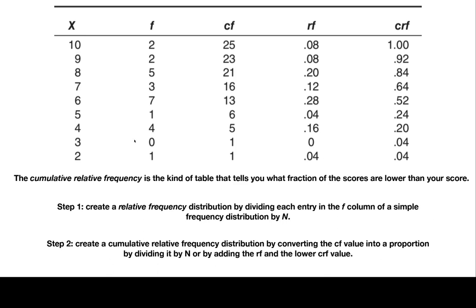Let's go now to the second value. With the raw score 3, we have a frequency of 0. This is actually a value that doesn't appear in our dataset or array. So 0 divided by 25 is still 0.